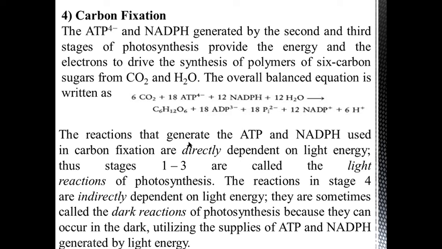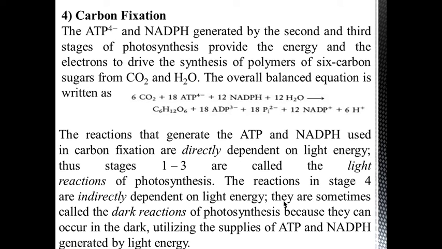The reactions that generate the ATP and NADPH used in carbon fixation directly depend on light energy. Thus, stages one to three are called the light reactions of photosynthesis, or light dependent phase, or Hill's reactions. The reactions in stage 4 are indirectly dependent on light energy.